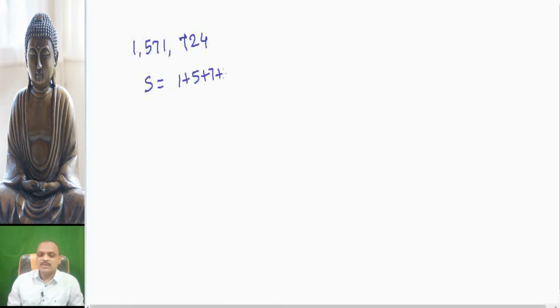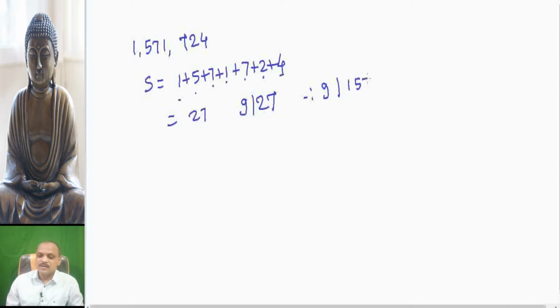S is 1 plus 5 plus 7 plus 1 plus 7 plus 2 plus 4: 1 plus 5 is 6, 6 plus 7 is 13, 14, 21, 21 plus 2 is 23, 23 plus 4 is 27, and 9 is a divisor of 27, and therefore 9 is a divisor of 1571724, this big number.